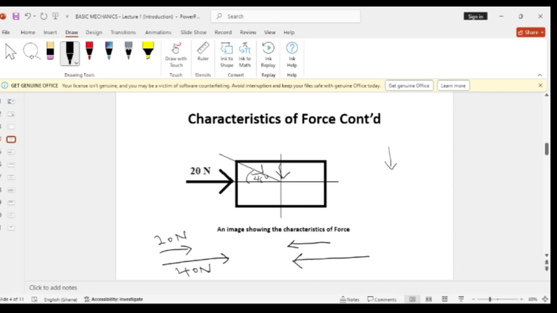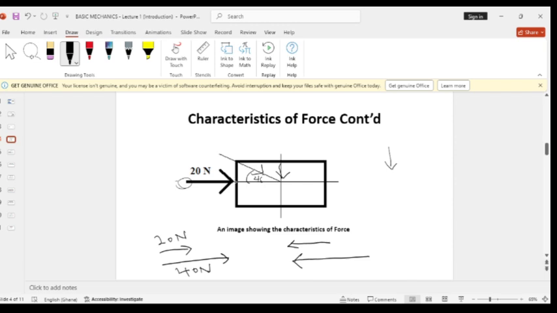Okay, so taking this image for illustration, we are talking about the points of application here. So with the points of application, let's take this 20 Newton force here. This 20 Newton force here. The point of application is here. So where the arrowhead points to on the figure here, that is the point of application.